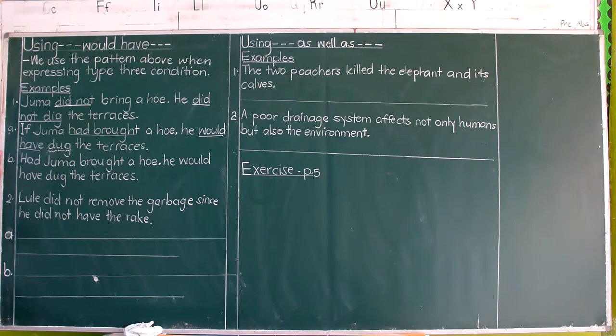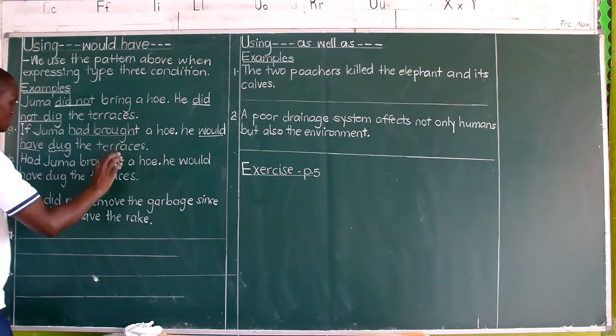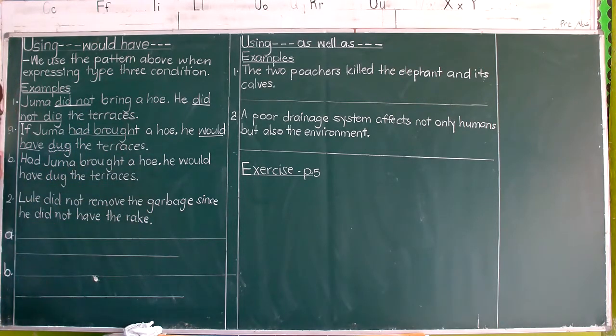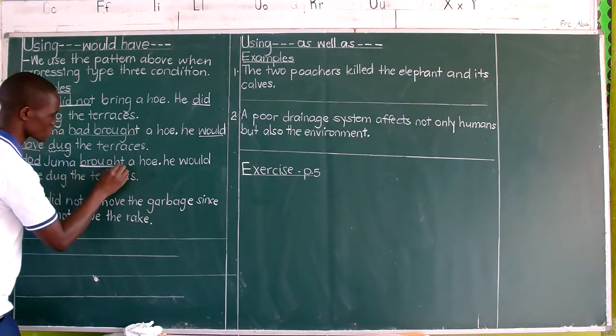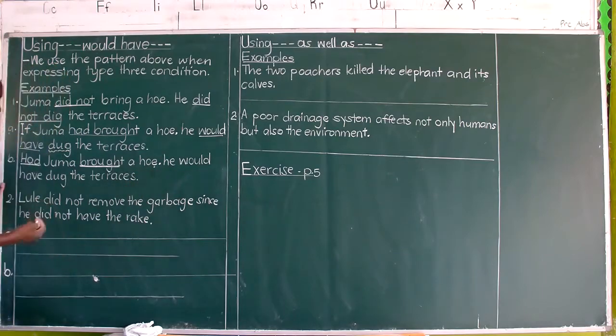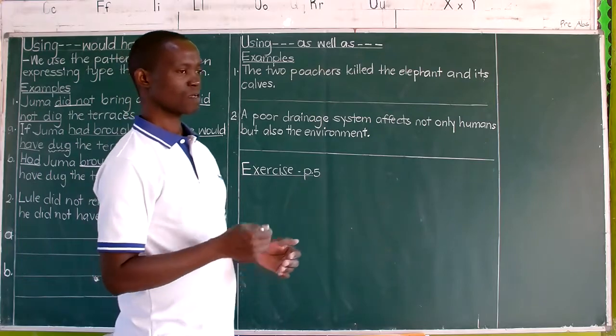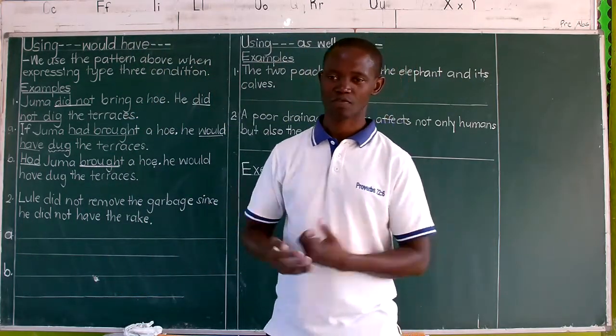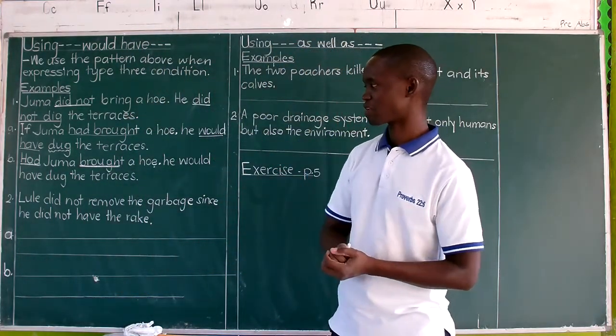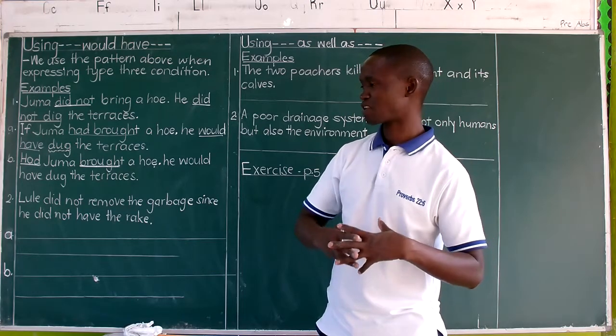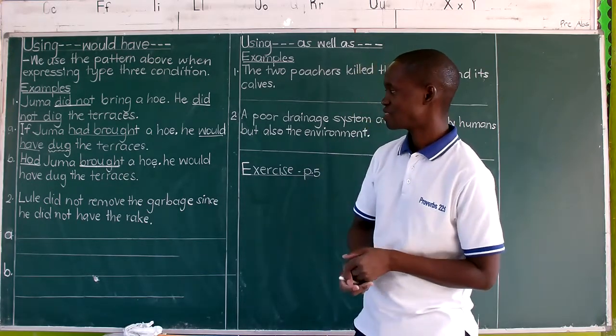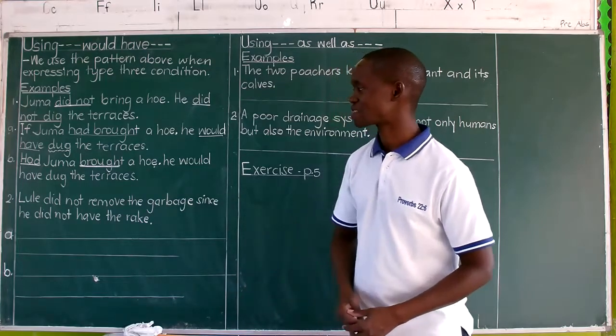The main clause will not be affected when we change from if to had. Had Juma brought a hoe, he would have dug the terraces. That's our answer. Changes only happen in the if clause, the main clause will not be affected. You can begin an if 3 sentence with had, just like you see my answer B.